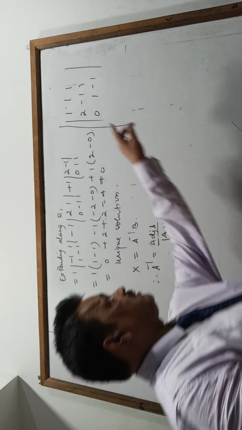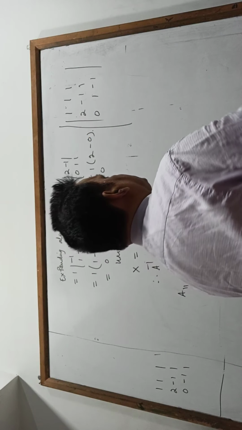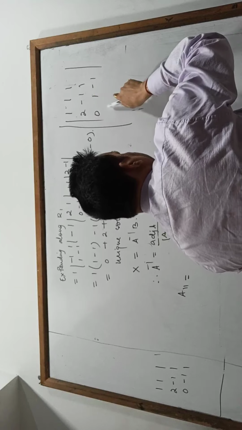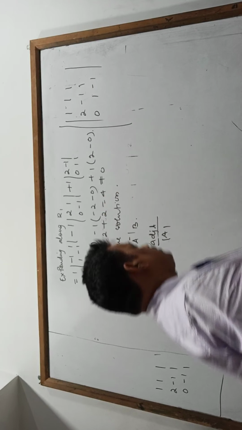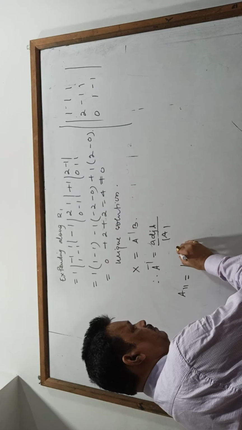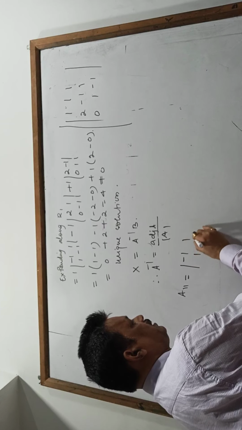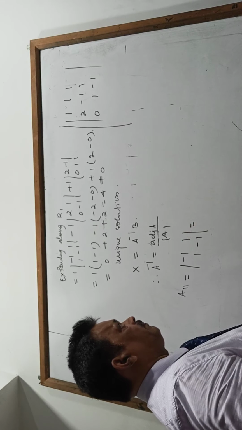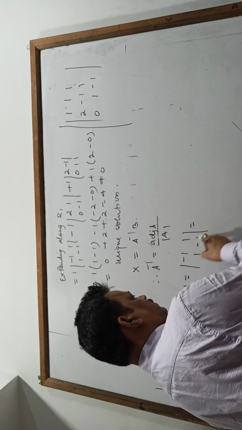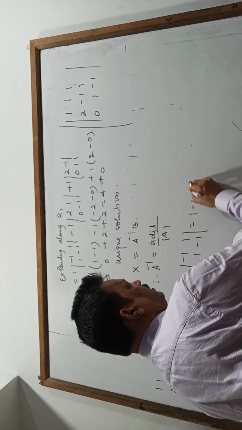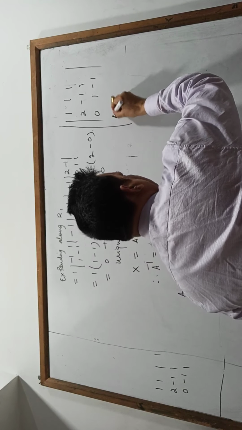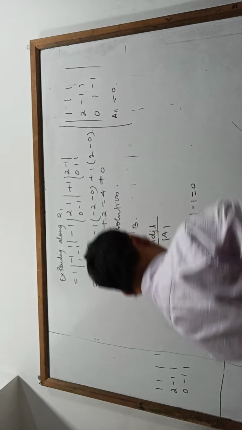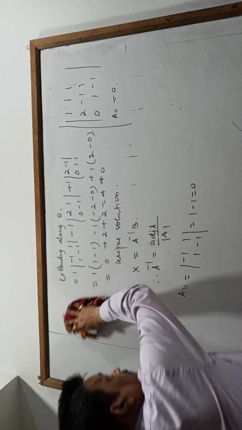A11 means which place? This one. You have to forget these two. What is there? |-1 1; 1 -1|. How much you got? That is 1 minus 1, that is 0. Let me copy here. A11 became 0. Okay, let's find.